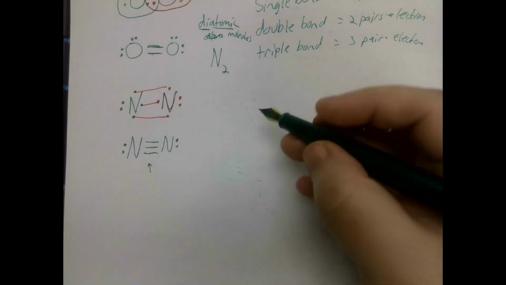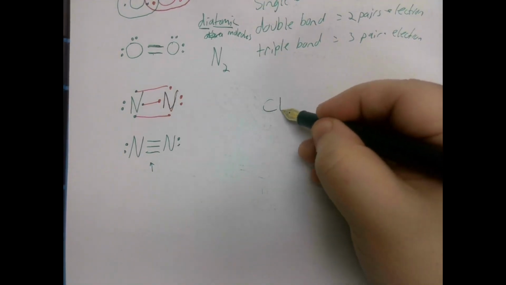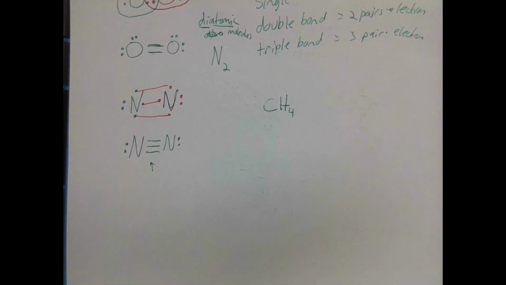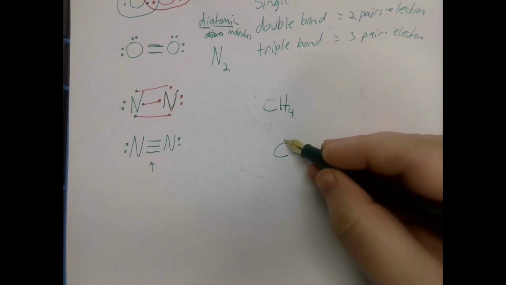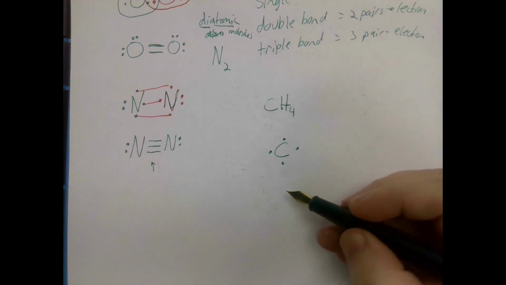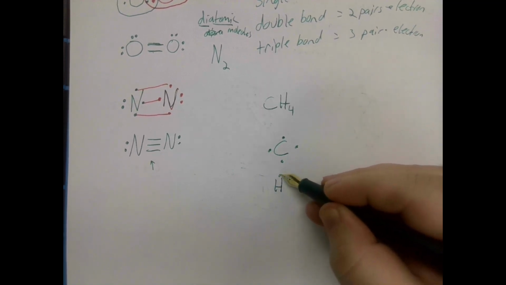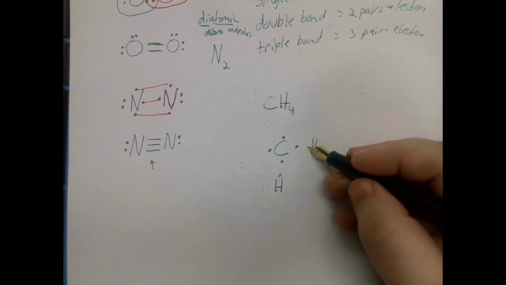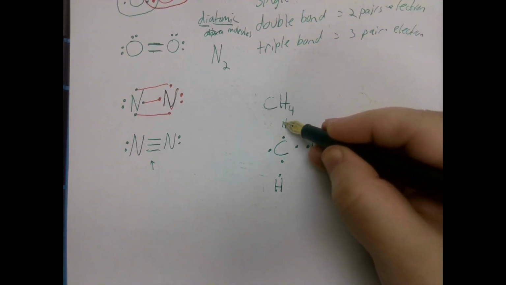So, what about this chemical, CH4? What would the Lewis dot structure look like? So carbon has 4 valence electrons. Hydrogen has 1. Michael, lift up your head.